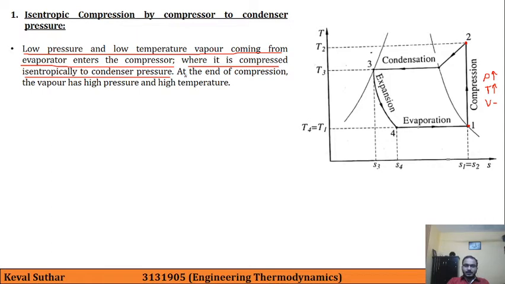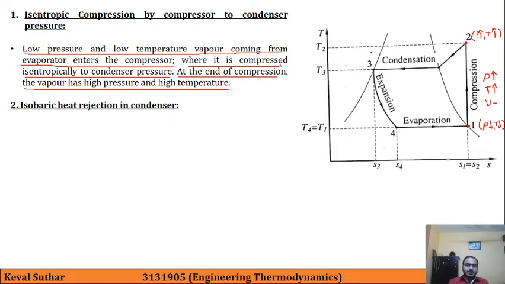At the end of compression, the vapor has high pressure and high temperature. At point 1 P was low and T was also low, and here P has increased and T has also increased.